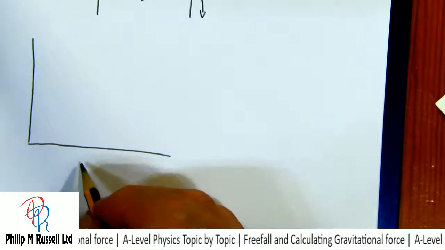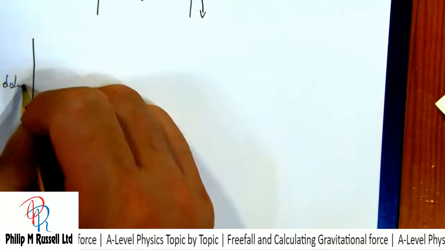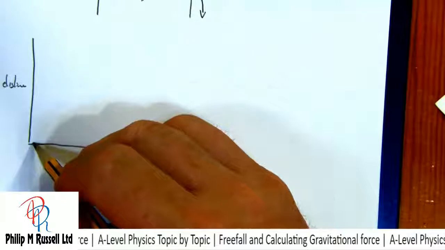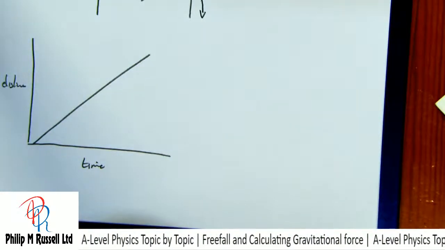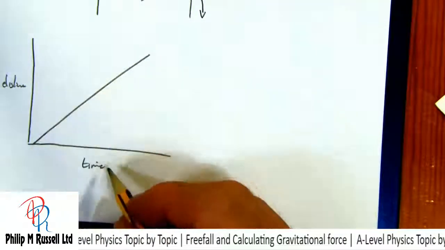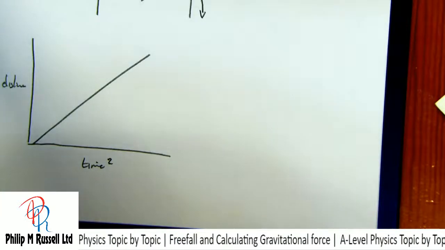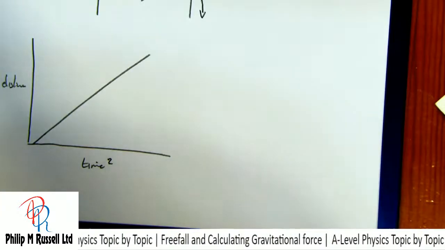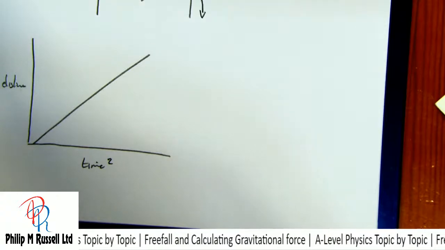So here we're going to have time, here we're going to have distance, and we find we've got a nice, hopefully straight line plotting distance against time squared, and that will enable us to work out the acceleration.